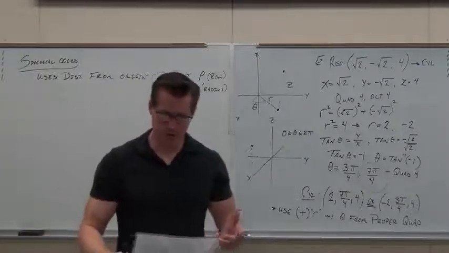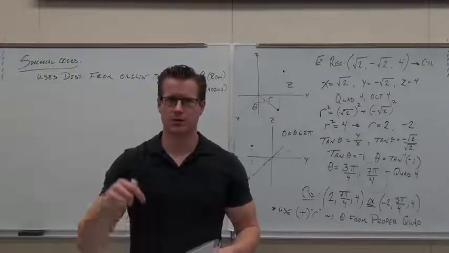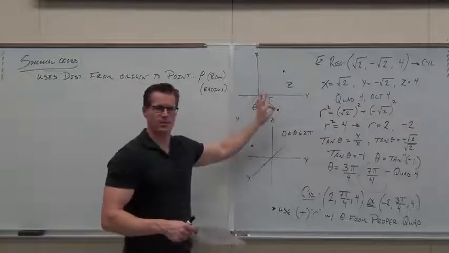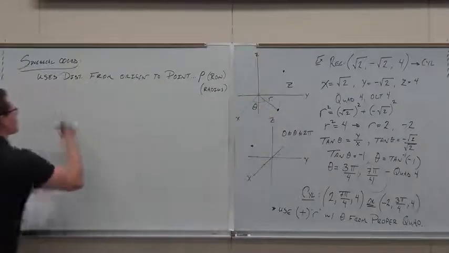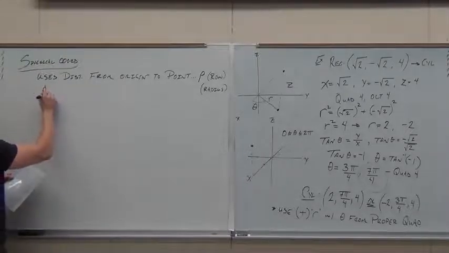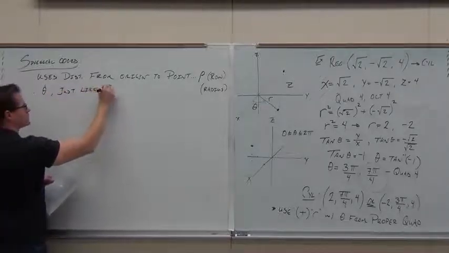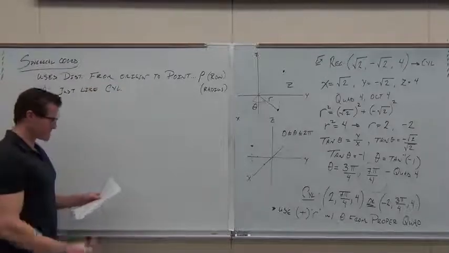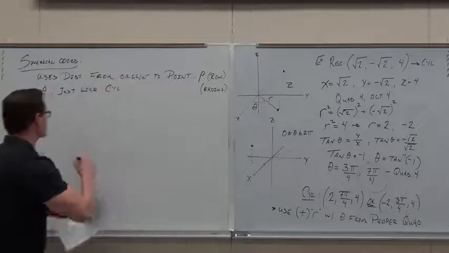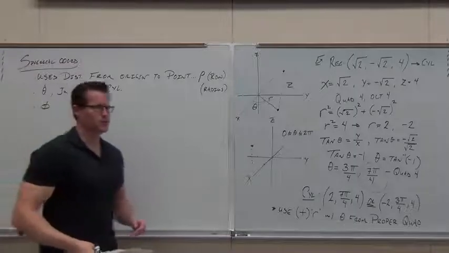Now, some other cool things. It uses theta. The theta is used in spherical just like it's used in cylindrical. It's still going to be this distance to the projection of that point. Uses theta just like cylindrical, but then it has this other angle, and we call it phi.